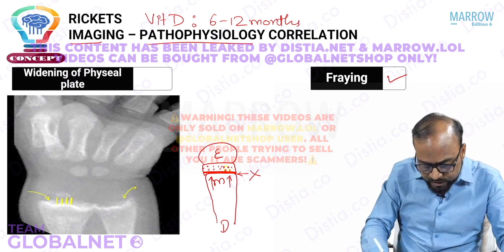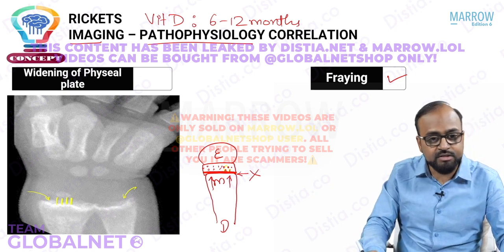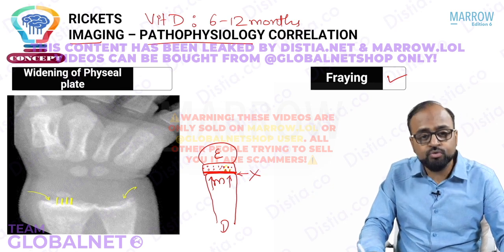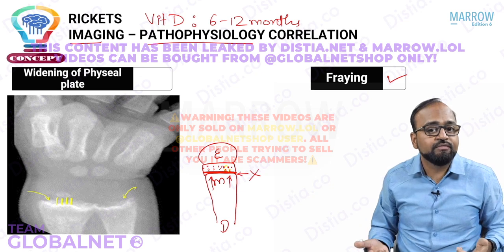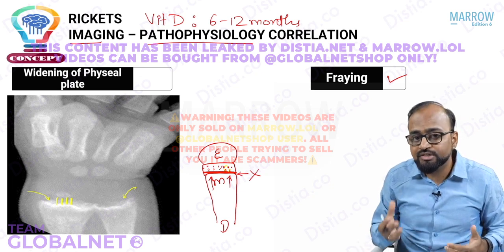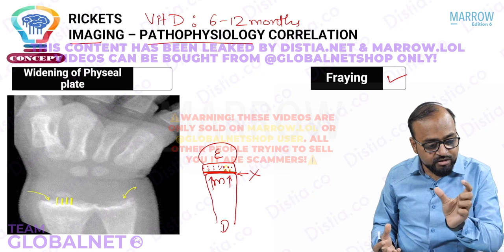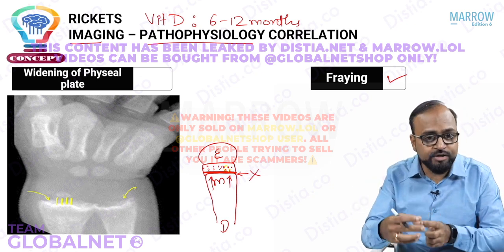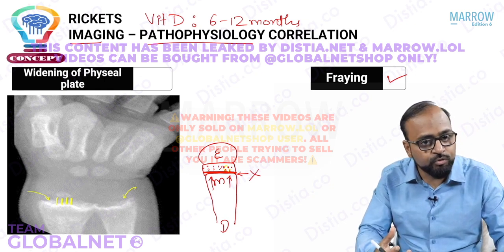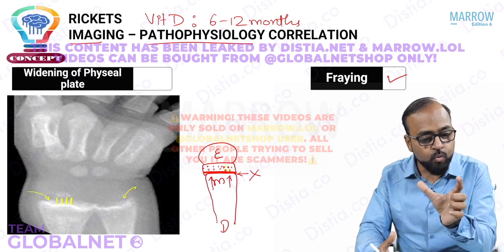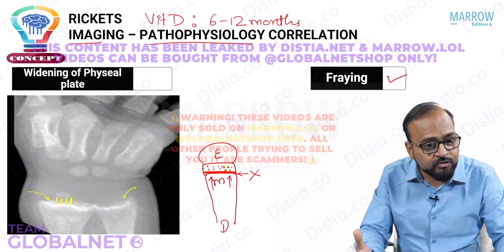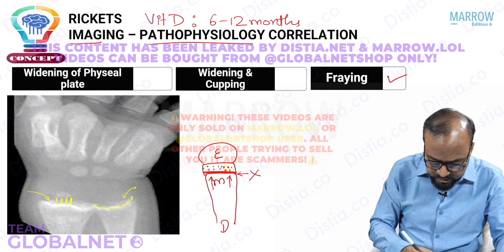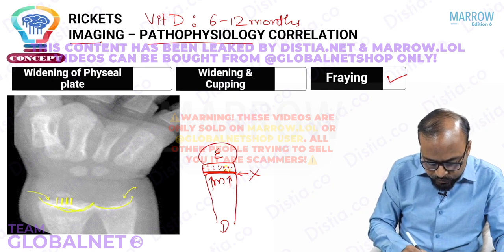Now because this calcification is not occurring at the metaphyseal margin, and calcification gives the metaphyseal margin its structural strength, the metaphysis becomes structurally weak. This structurally weak metaphysis, when subjected to stress related to movements and the weight of the body, is going to widen and get cupped. That is called widening and cupping. So if you look at the shape of the metaphysis, it has widened, it is relatively cupped like this.